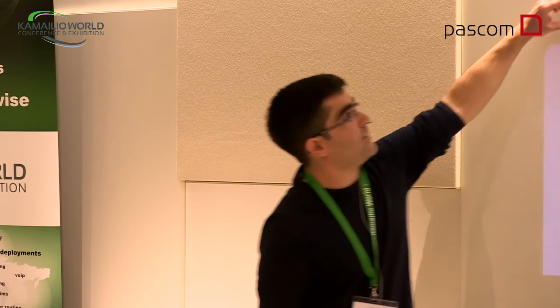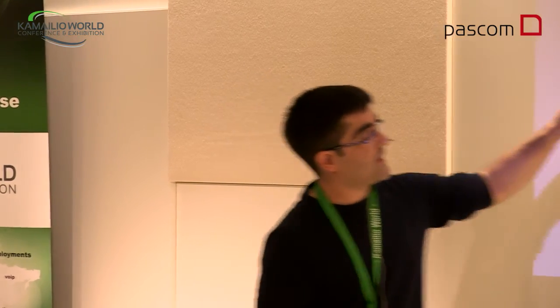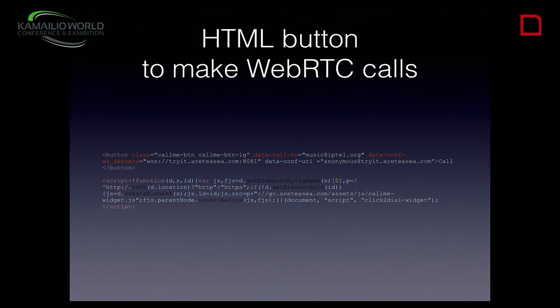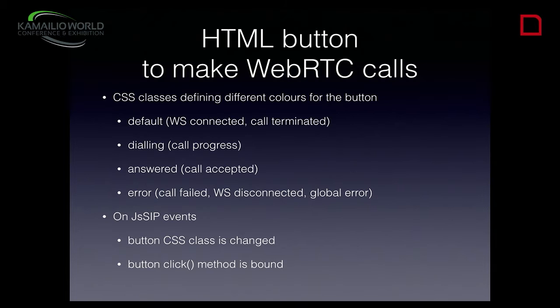We could have as many buttons as we want. In this example, by using the data elements of the button, we set the configuration options. So this is the way we are setting the WebSocket servers, the URI, or whichever configuration option we want. How can we deal with the button?